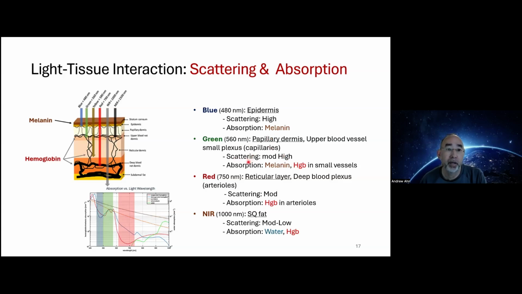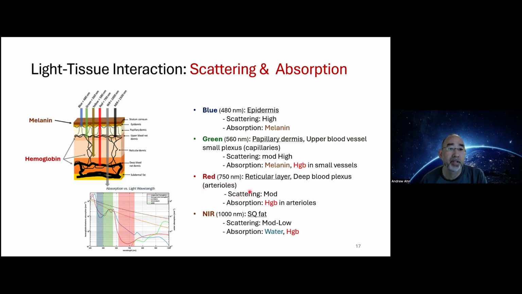For green light, it is scattered at moderately high levels, and thus it reaches the papillary dermis, the upper blood vessels in the small plexus where there are capillaries. The major components absorbing the green light are melanin and hemoglobin.